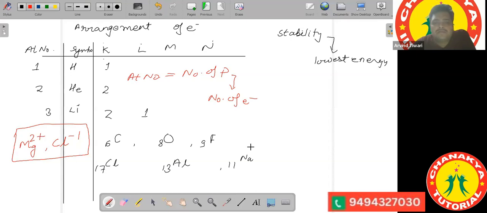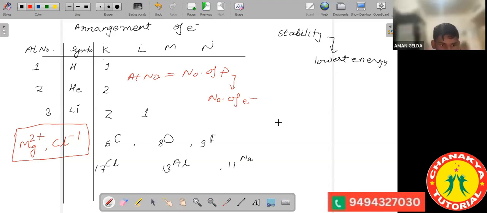Siddharth also gave the answer, only for carbon, oxygen, and fluorine.